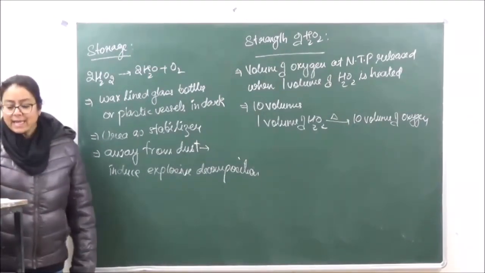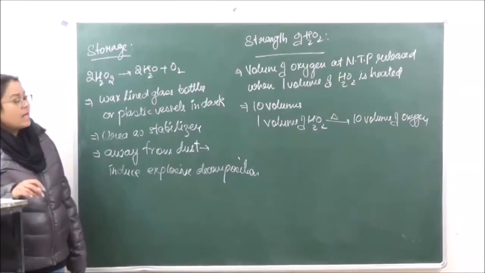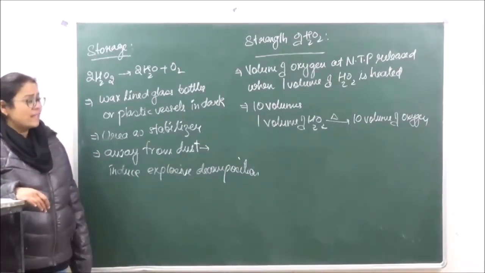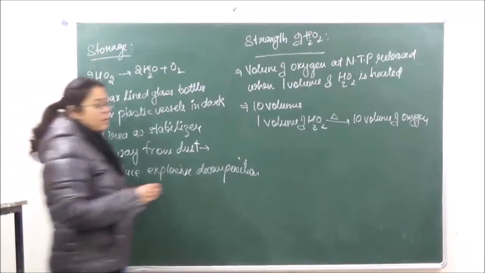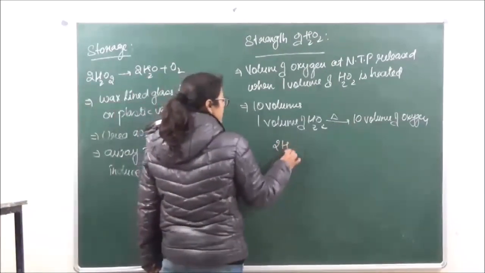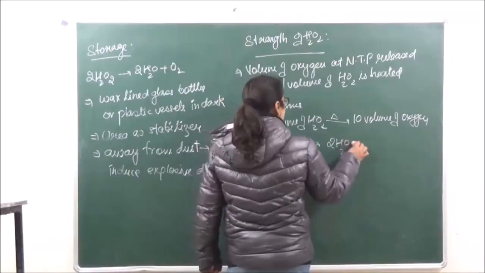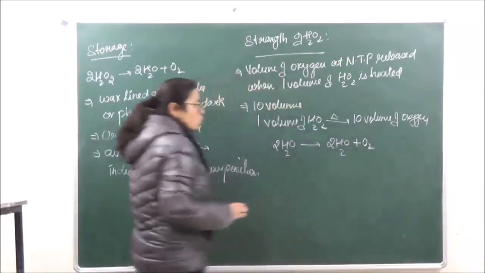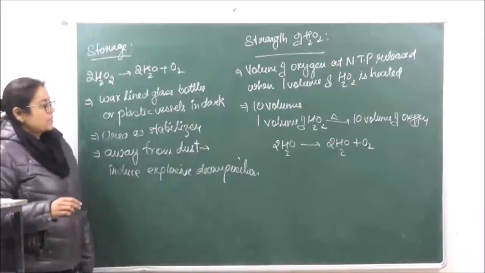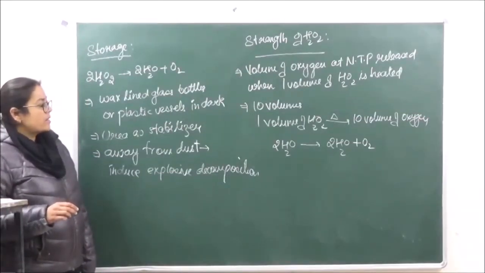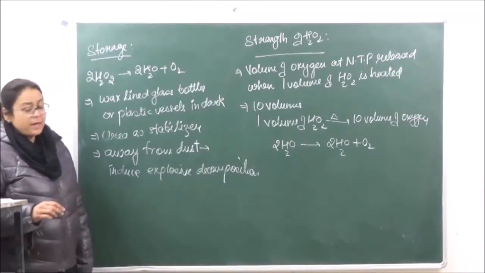Okay, let's illustrate this with the help of an example. How are we going to do the calculations in this section? Now, if we have 2H2O2, this is going to decompose as 2H2O plus O2. Okay? Is it clear? So this is how it is going to decompose over here.